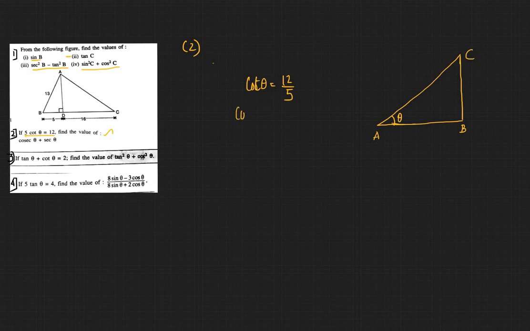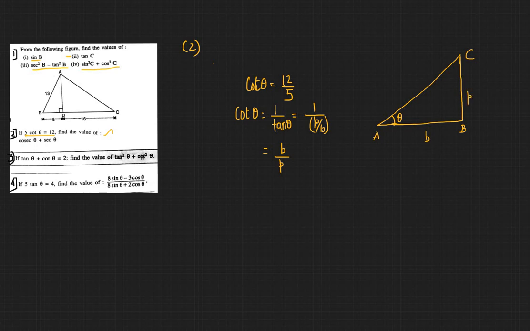Now we know that cot theta is 1 by tan theta. Tan theta is perpendicular by base, so that will be equal to base by perpendicular. So this is base and this is perpendicular.